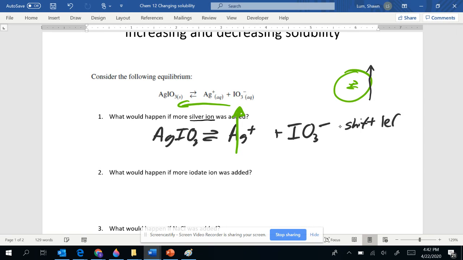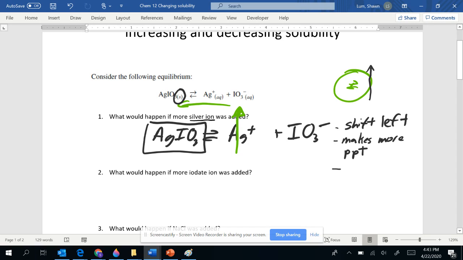Now, we don't really care about the whole shifting left thing, but since it's shifting left, it'll be making more AgIO3, or in other words, since it's a solid, makes more precipitate.